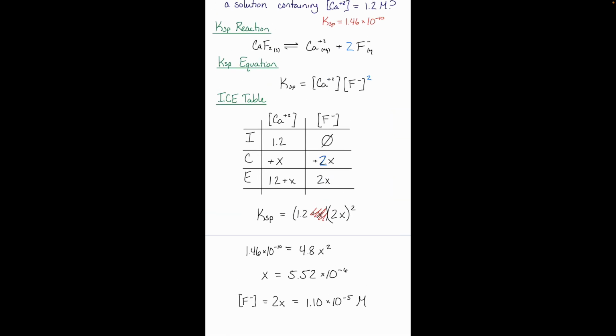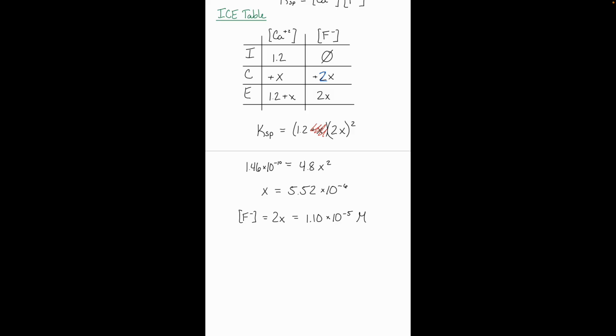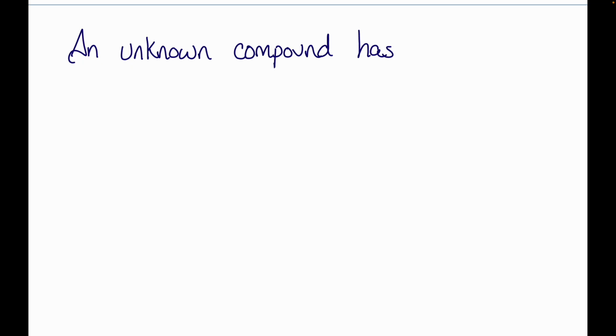Okay, so now what if I mix this up a little bit more? All right, I'm going to tell you an unknown compound has the formula XY2.